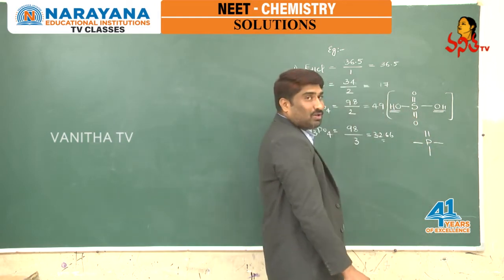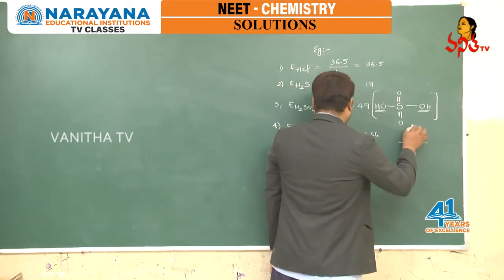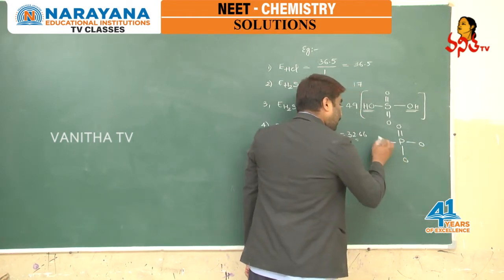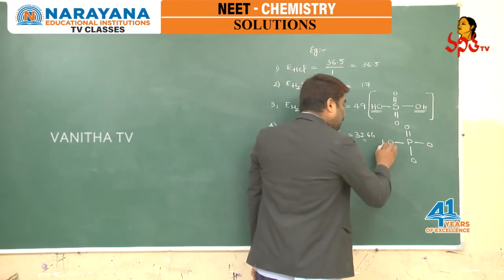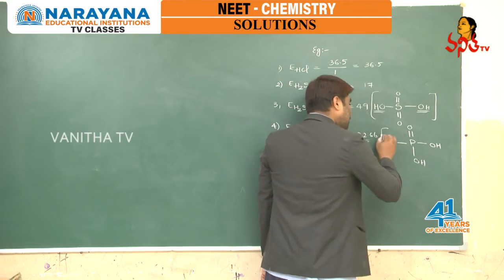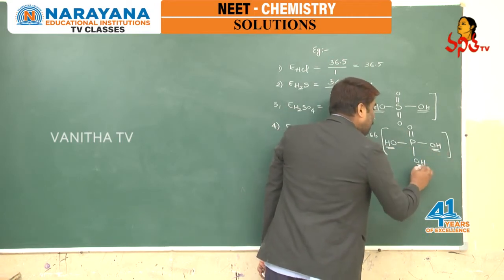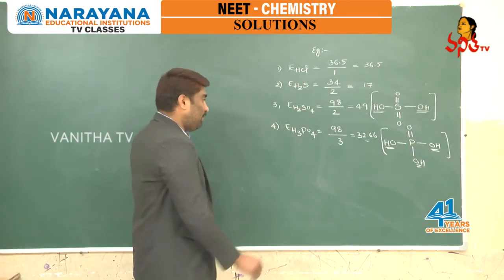So these are the 5 bonds around phosphorus. How many oxygens are there? 4 oxygens. How many hydrogens are there? 3, compulsory. Here one hydrogen, here one hydrogen, here one hydrogen. That means all 3 hydrogens are directly linked to oxygen. Therefore, they are said to be replaceable hydrogens.